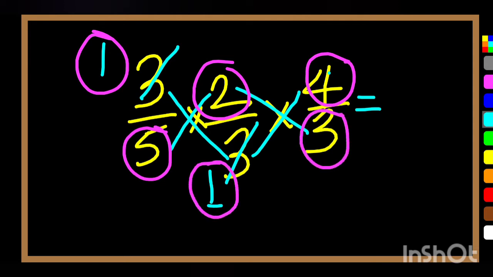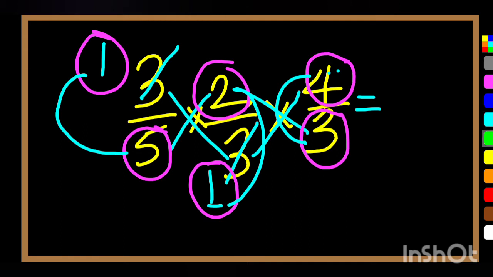Now we will check these numerators and denominators. First one is 1 and 5, they cannot be reduced. Second one is 2 and 1, they cannot be reduced again. Third one is 4 and 3, they also cannot be reduced.